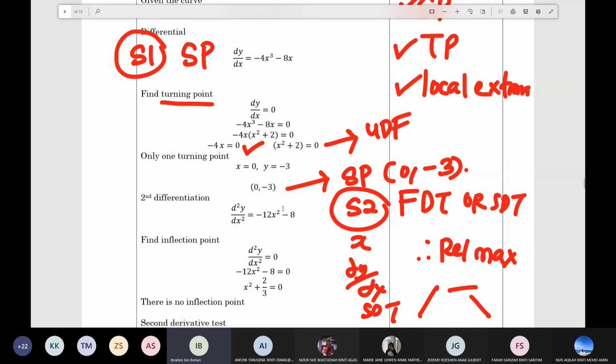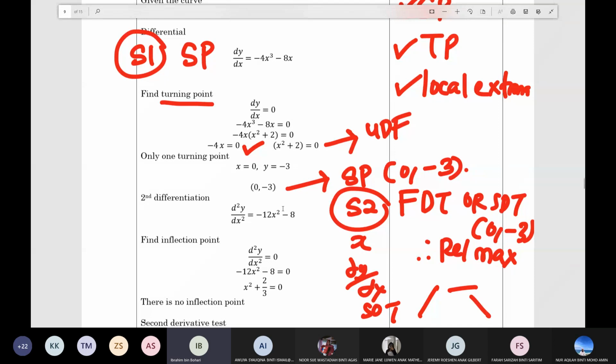So x here equal to 0. This one the table of the first derivative. And the shape of tangent here increase, horizontal and decrease. So conclusion, you the relative maximum at 0, negative 3. Yeah. This one step 2.